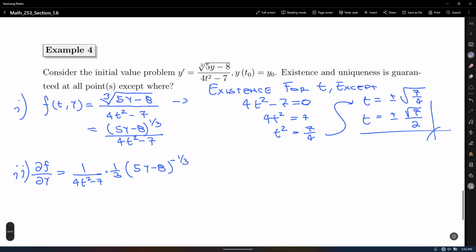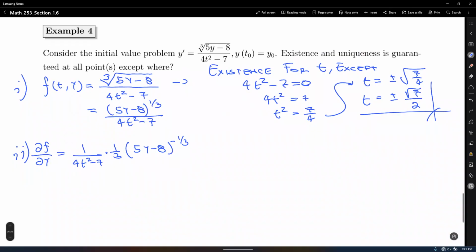So let's see, we need to rewrite all this. That is 1 over a big fraction: 3 times 4t squared minus 7 and 5y minus 8 to the... oh, I didn't subtract, right?